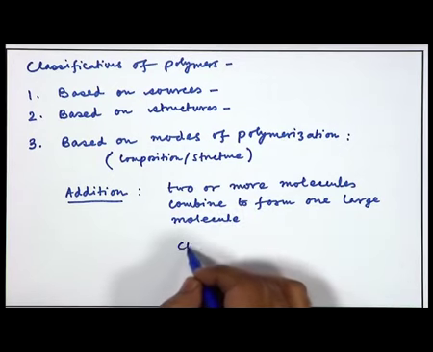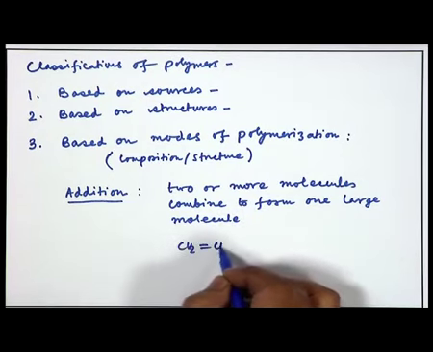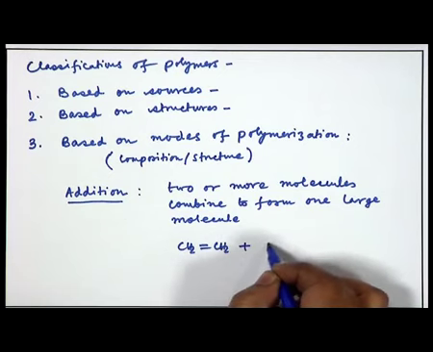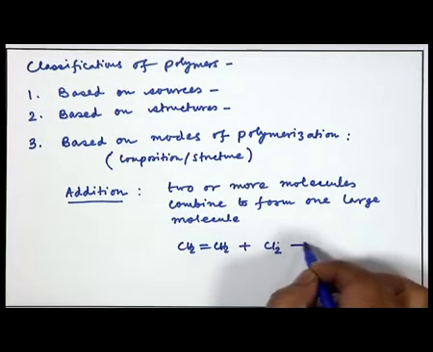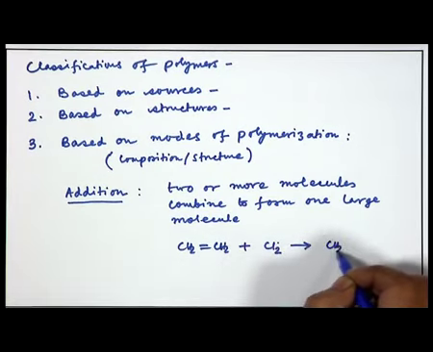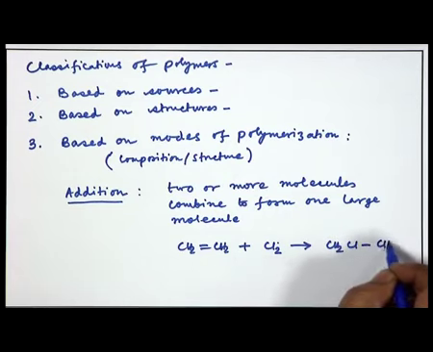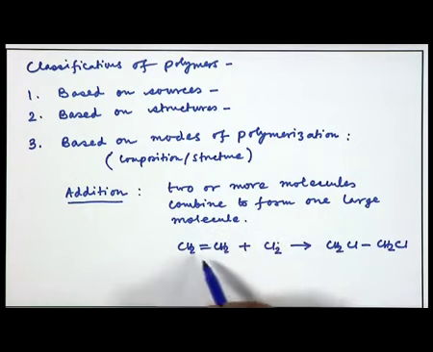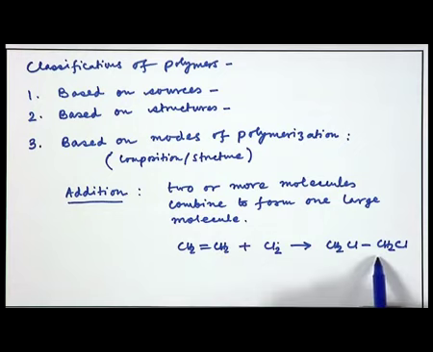For example, if I have ethylene and chlorination of ethylene, just Cl2 will give CH2Cl. So, in this case it is just an addition of two reacting molecules to produce one molecule.